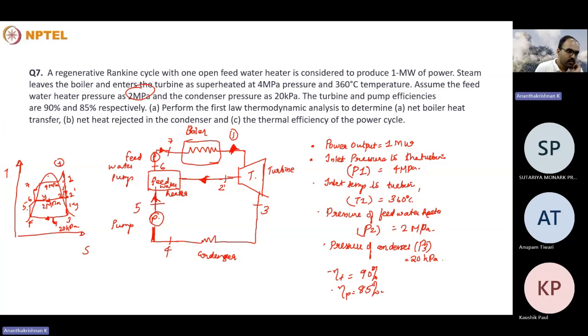So 1 minus y of water and y of feed water will mix together to form again 1 kg per second here.